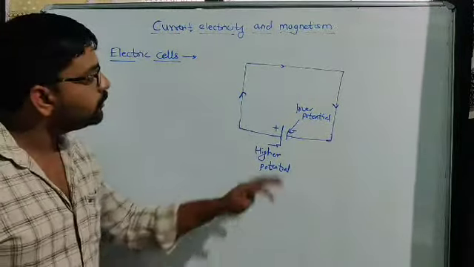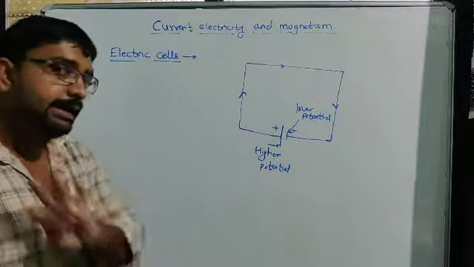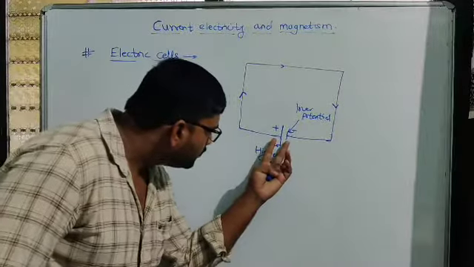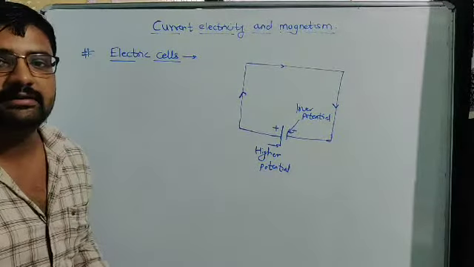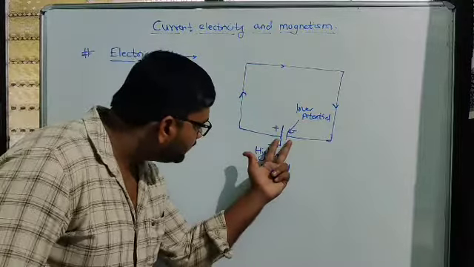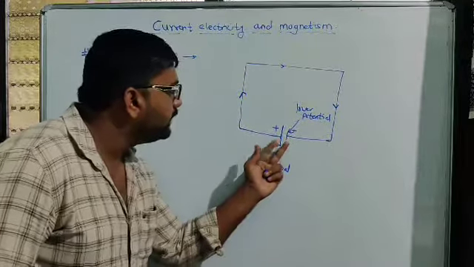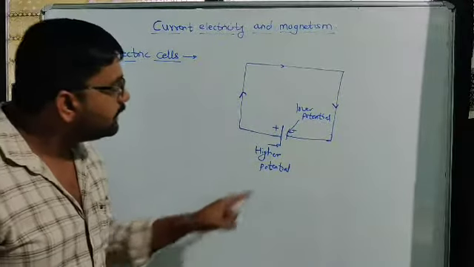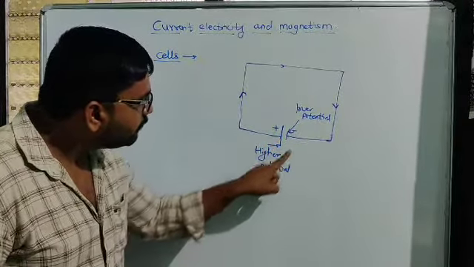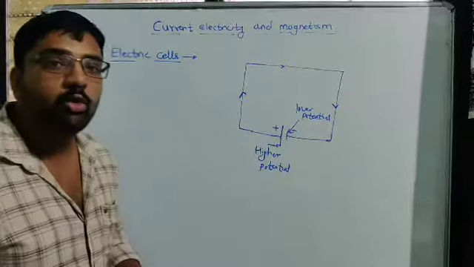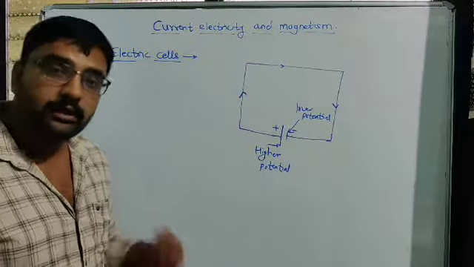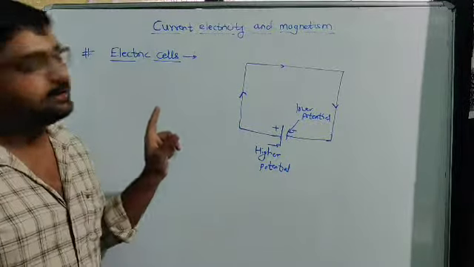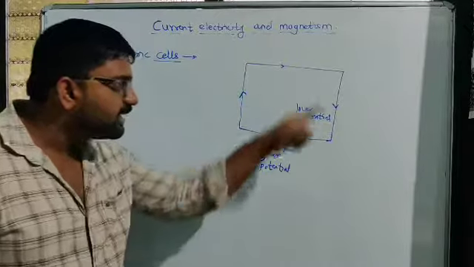But before connecting this cell, electricity does not flow. So this is the important role of the cell. As we connect the positive and negative ends to the two ends of the wire, this end becomes higher electric potential and this end becomes lower electric potential. And we know if the difference between higher and lower is present, then electric charges can flow.